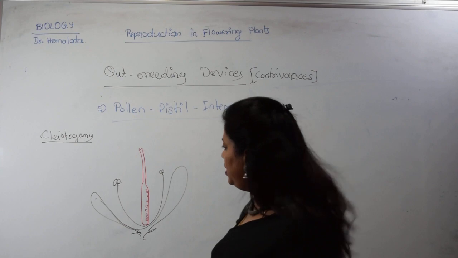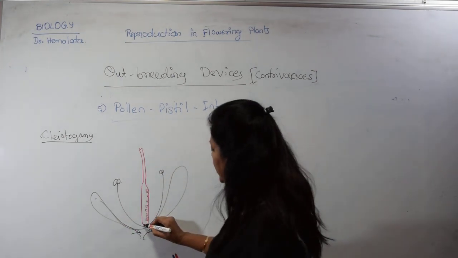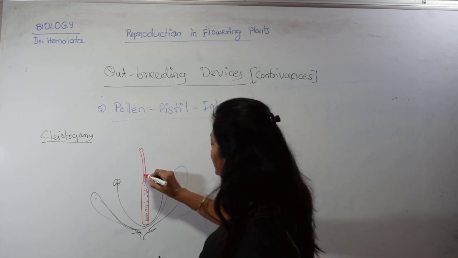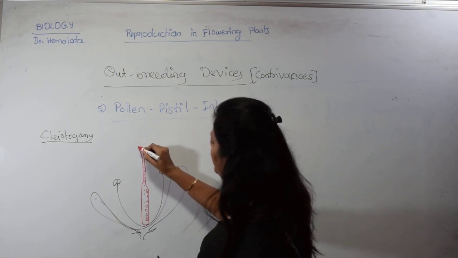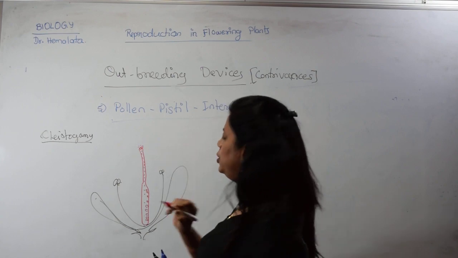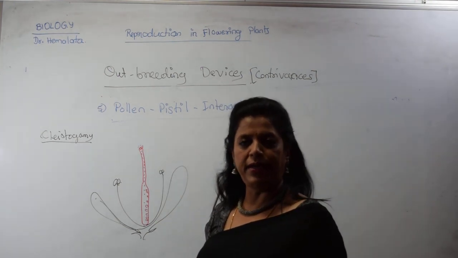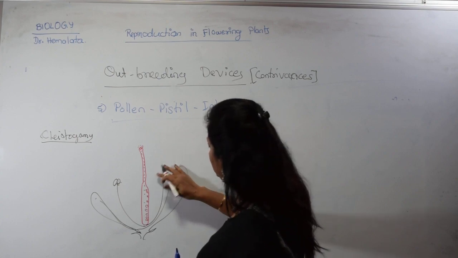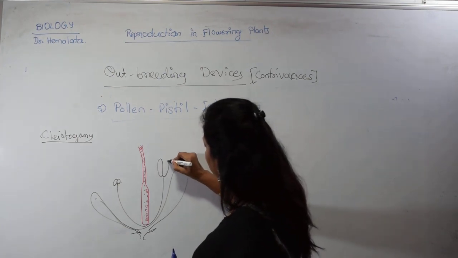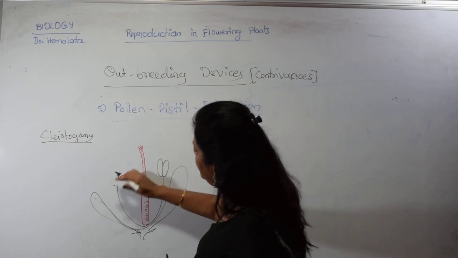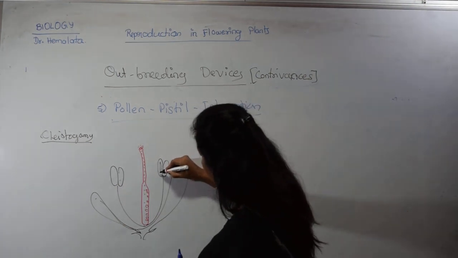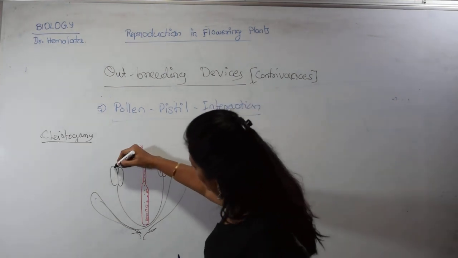So whenever the female is ready to get pollinated, it will secrete some liquid-like substance. This will dissolve and get deposited on the tip, ready to get pollinated. At the same time, pollen grains, when they are released, when they are mature, then the anther lobe will either dissect like this, or it will open at the tip.